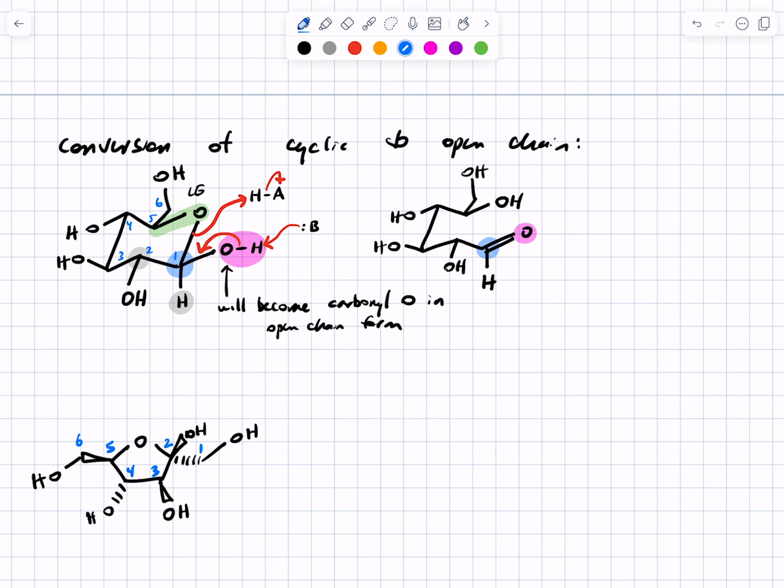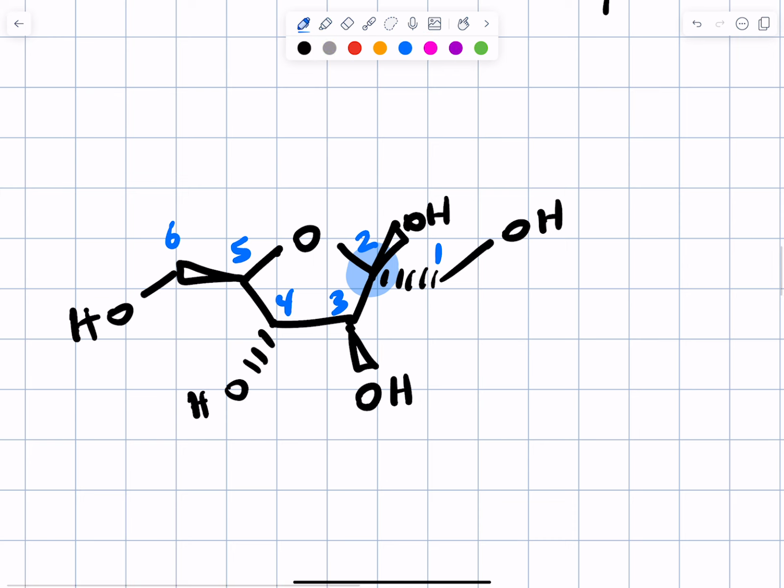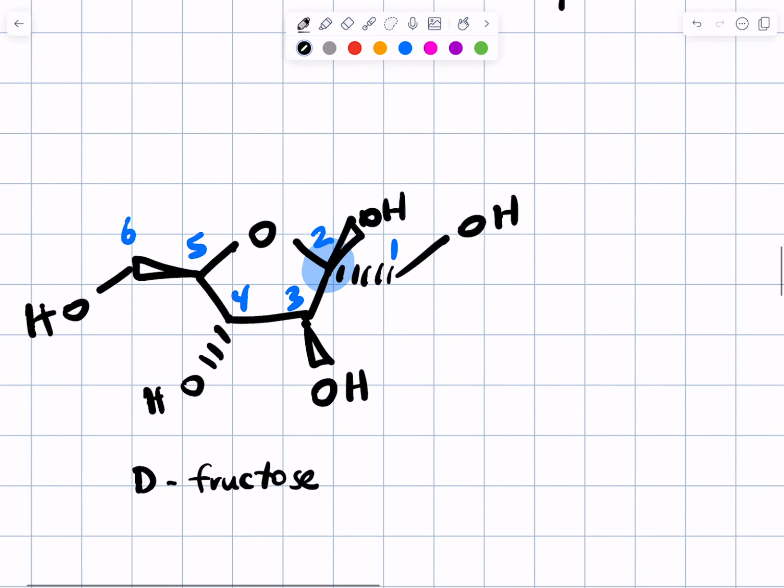And that is that the hemiacetal carbon in this sugar is at C2 instead of C1. This is called D-fructose. And we'll encounter it later, though you've certainly heard about it if you've ever heard about high fructose corn syrup. All right?